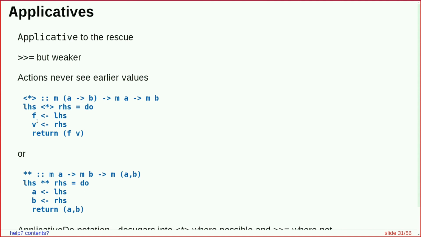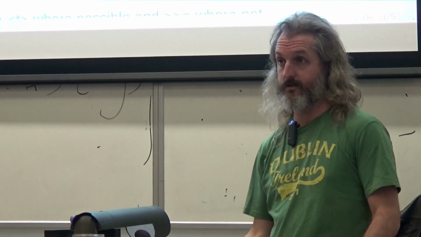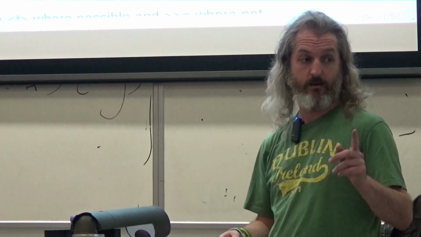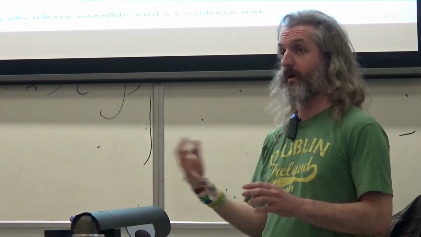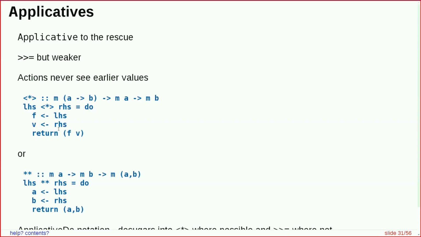So apply runs the left-hand side here, and then it's going to run the right-hand side as well, and then whatever's left-hand side needs to be a function, and it applies the function to the value. But you can see this f never gets passed to the right-hand side. Okay, so that's the big difference between this and bind in monads. You don't get to see any of the values of your actions until the very end.